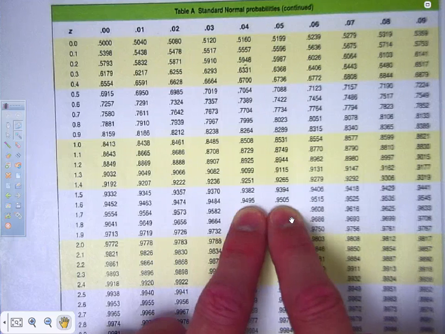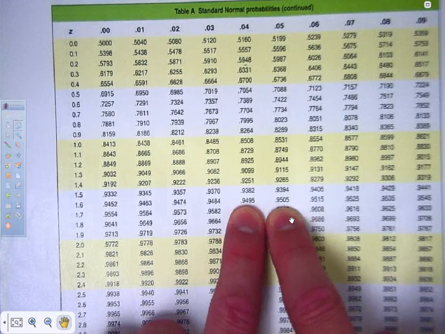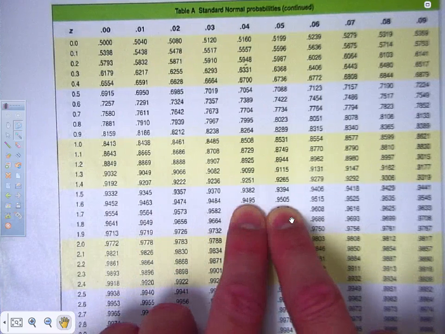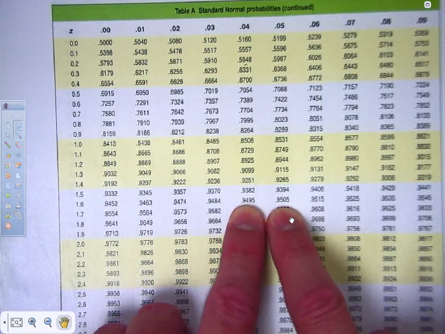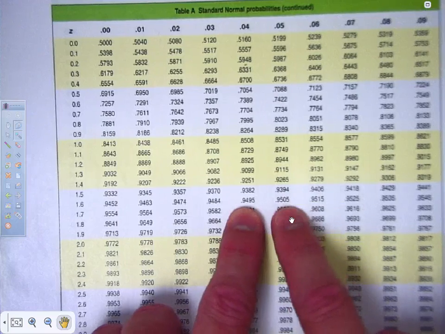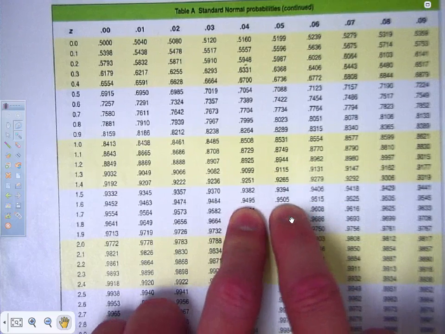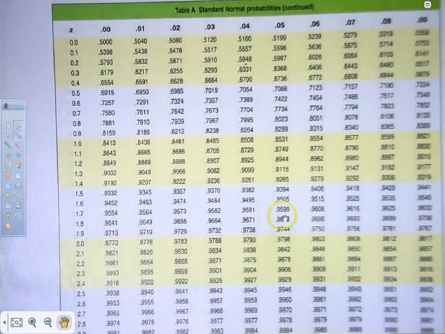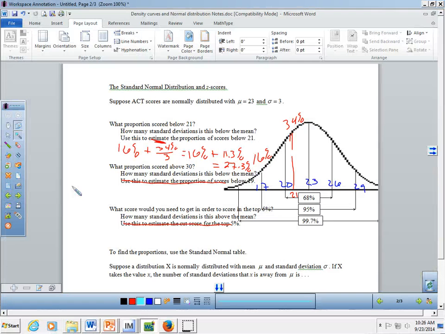So we could take these two z-scores and average them. This corresponds to 1.64 right here and 1.65 right here. If you average those two, you get 1.645. So we could use that as our z-score, 1.645.